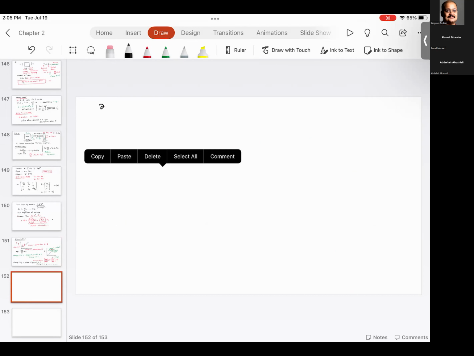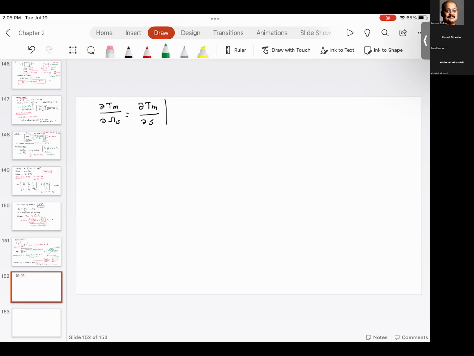Partial Tm by partial sigma s is equal to partial Tm divided by partial s, because we have a slip variable here, which is partial s divided by partial sigma s.